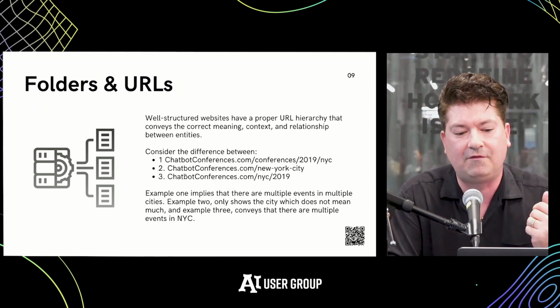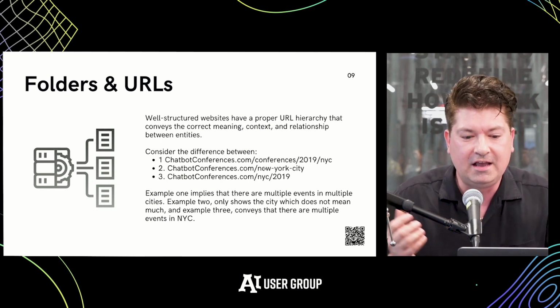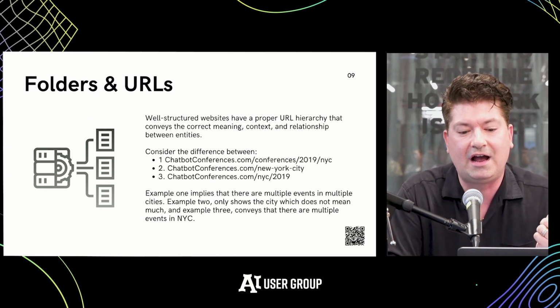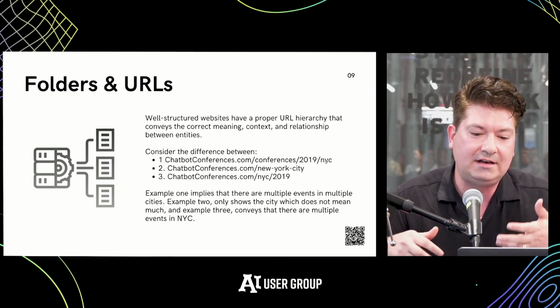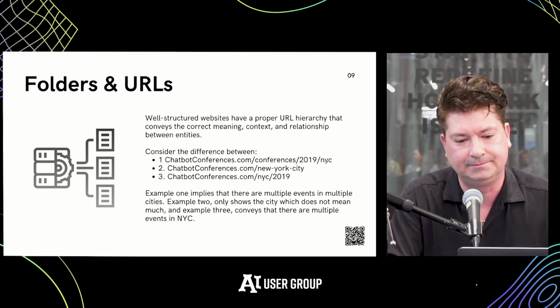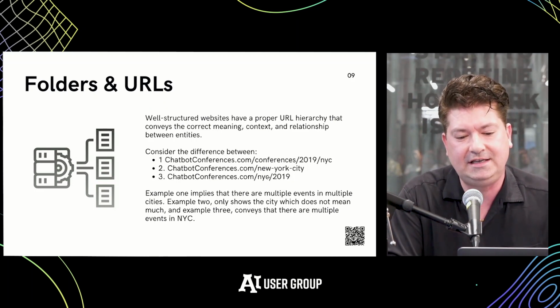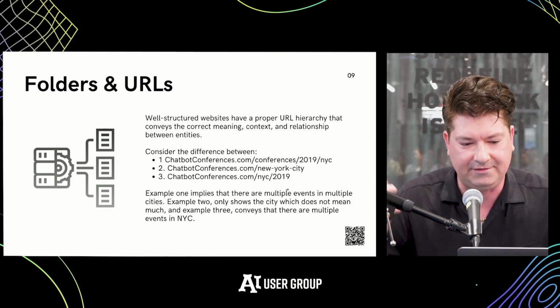So for the middle one, for example, you might think that the conference only happened once in New York City. When you see it in plural, conferences 2019 New York City, you could assume that it happens multiple times over multiple years in multiple locations. And in the last one, if you're just seeing NYC 2019, then you might think that this is predominantly a New York City event.